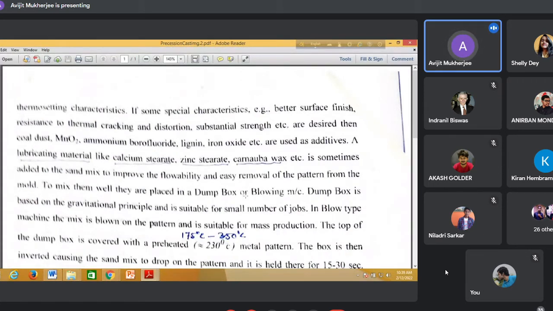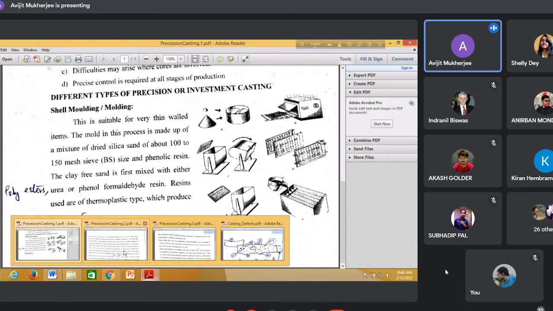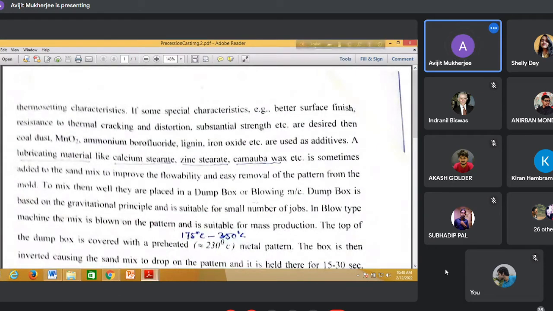If I use a dump box, after placing all the ingredients in the dump box, it is vibrated for some time and then swiveled and tilted upside down, and then the total mass is deposited on this plate by gravitational attraction, force of gravity. So when I am using a dump box, gravitational pull will act.